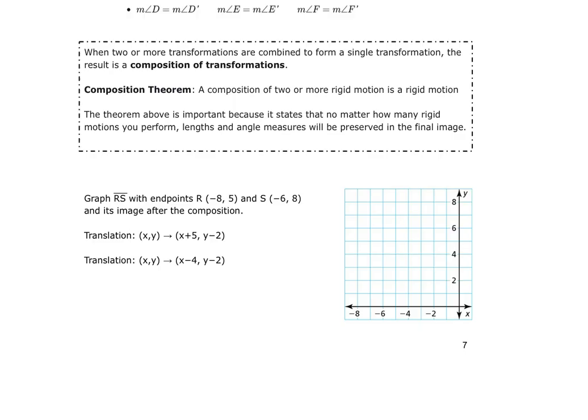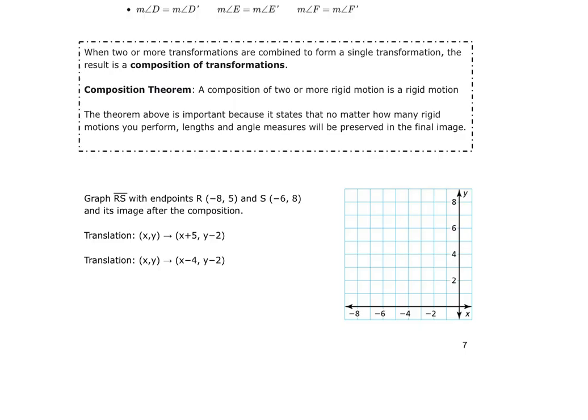Okay. A composition theorem is a composition of 2 or more rigid motions to make a new rigid motion. This theorem is important because it states no matter how many, I could do 5 different rigid motions, and what would be true about those figures?